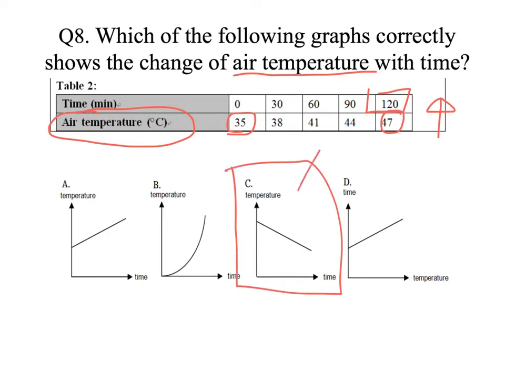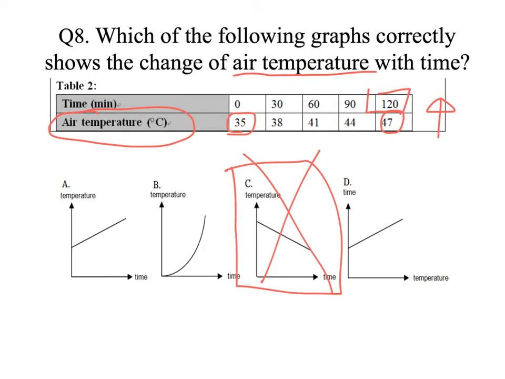Answer C must be incorrect because when we take a look at answer C, we can see when the time increases, the temperature here is decreasing. So it's not matched with the information given in the table.